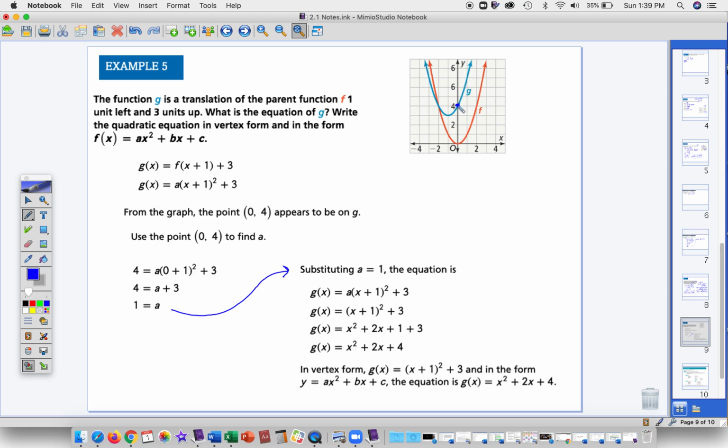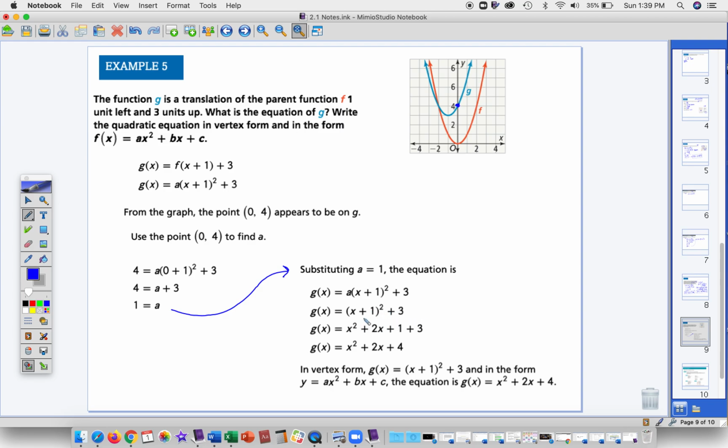So since we can identify that point, we can use it for our x, y. So y is 4, x is 0, and then calculating a, we get a is equal to 1. Substituting that into the equation, we wouldn't put a 1 here, it's understood. So we just get x plus 1 squared plus 3.